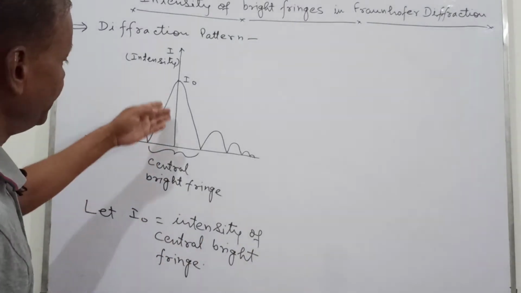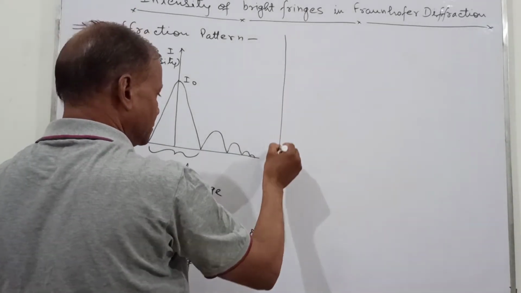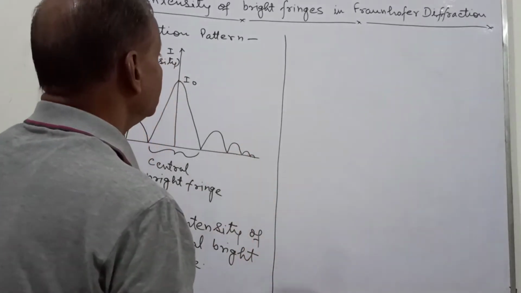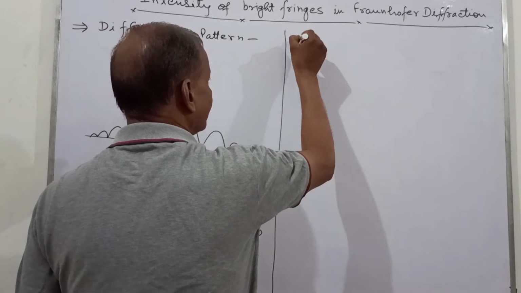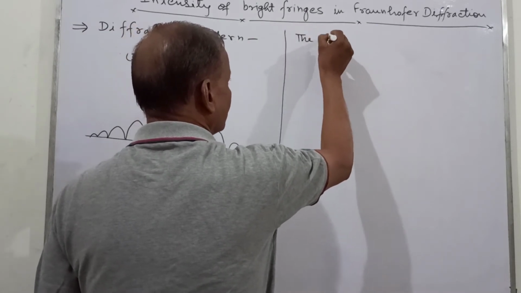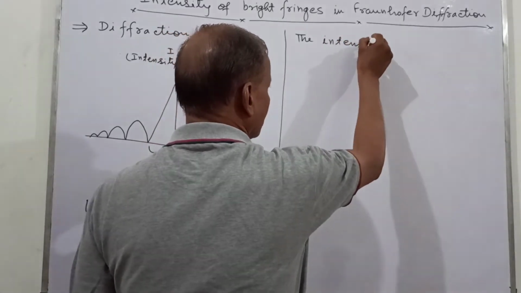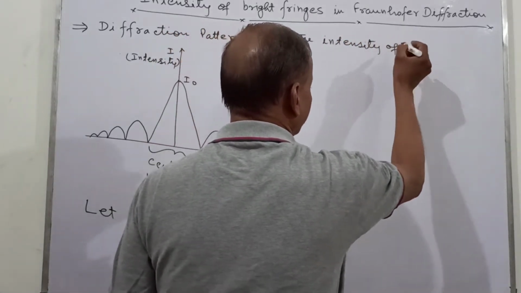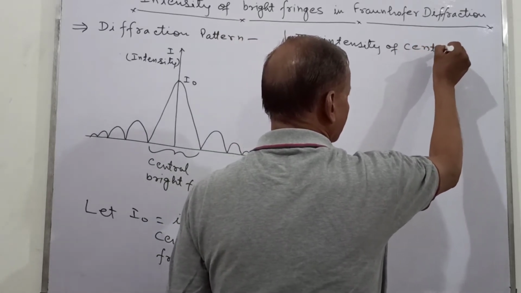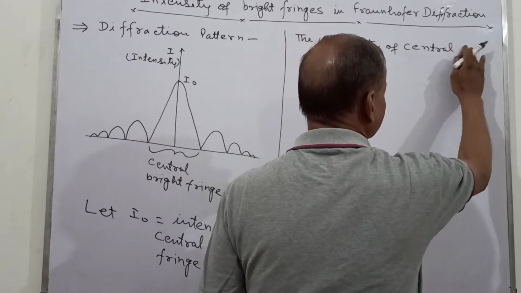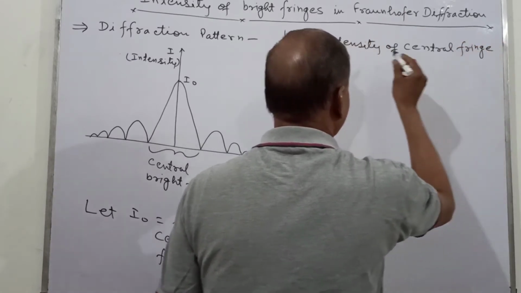As you know, this is the maximum intensity. The intensity of the central fringe is maximum.